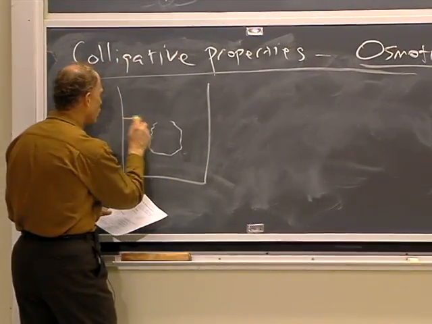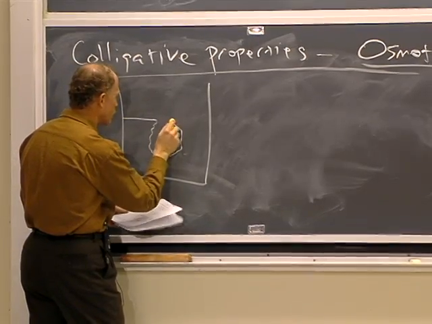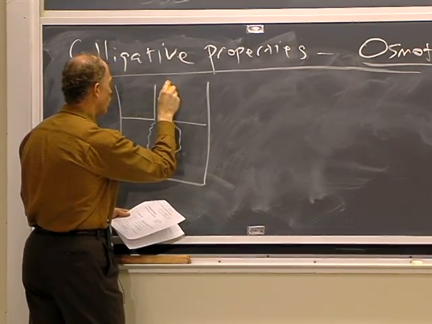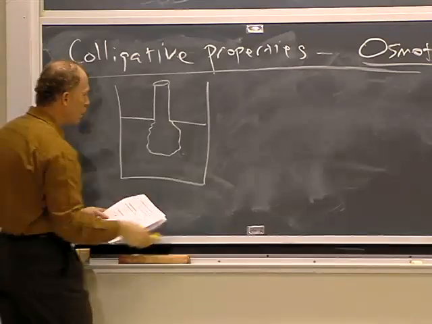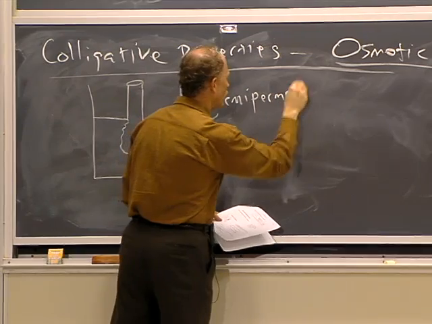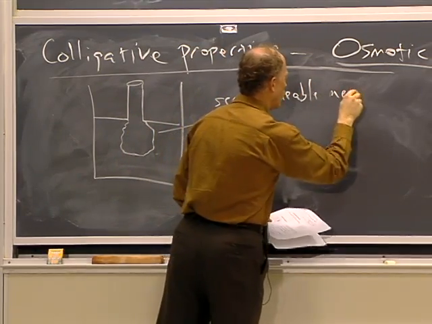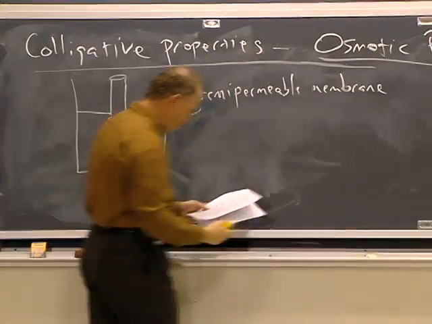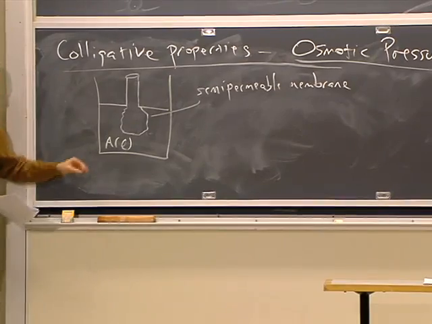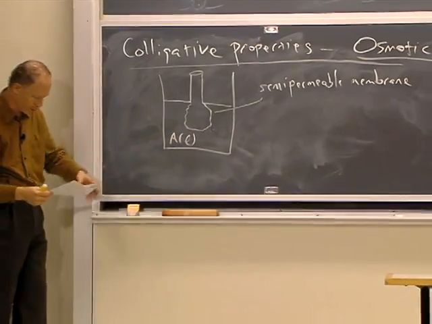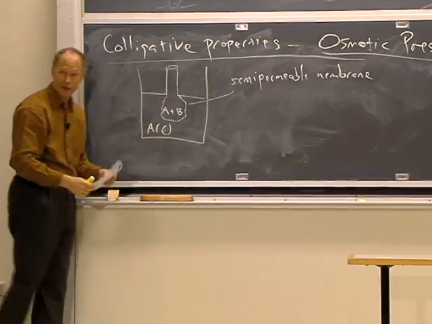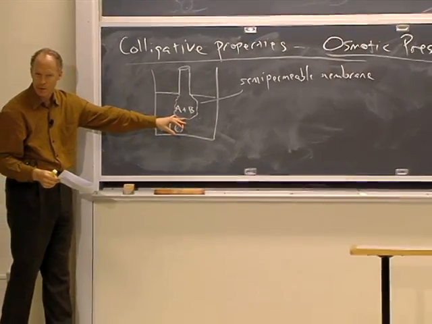So in the lab, the way this typically looks is something like this. Here's your semipermeable membrane. Outside, we can imagine that there's pure liquid A, could be water, could be something else. Inside, you've got A mixed with B, one or more other constituents.